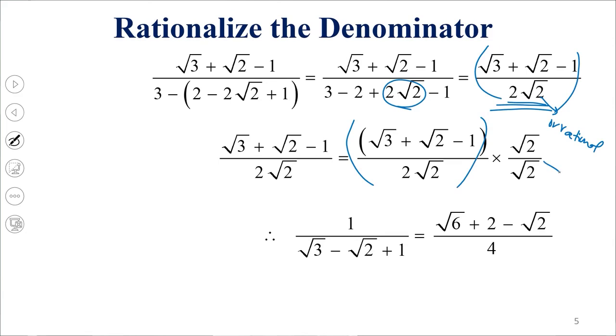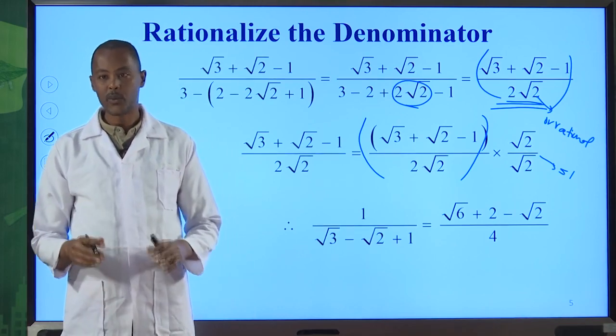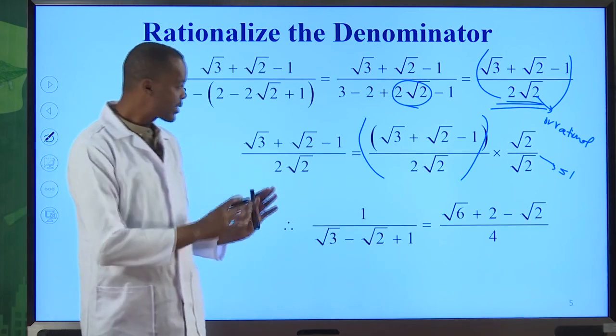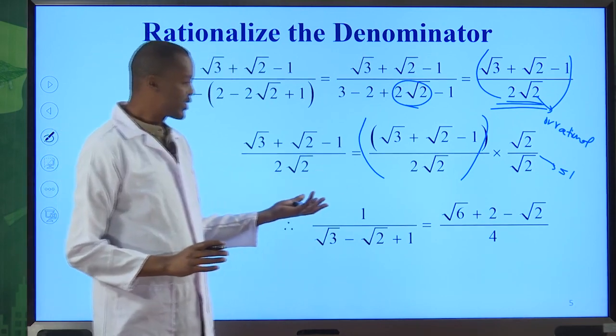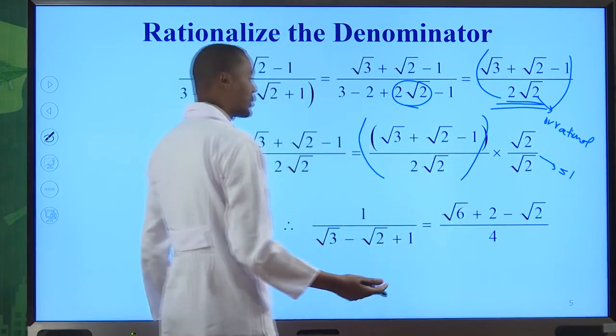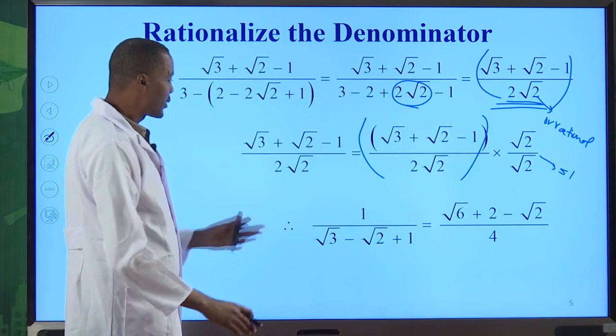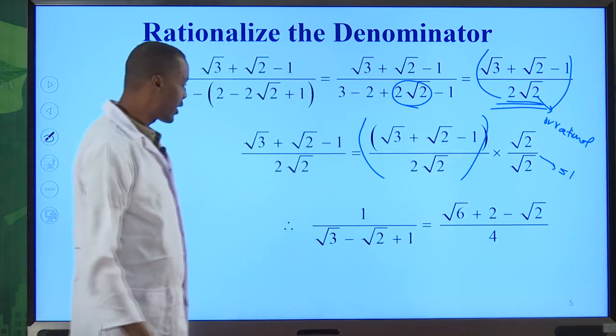Root 2 over root 2 is equivalent to what? 1. Because in mathematics, when we multiply a given expression by 1, it will never change, because root 2 over root 2 will cancel each other out, and we are left with only 1. So it is equivalent to multiplying the given expression by 1.